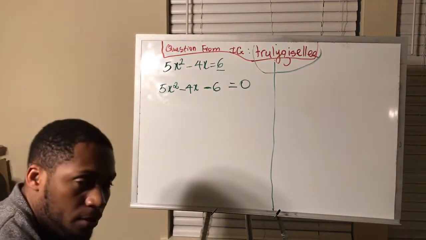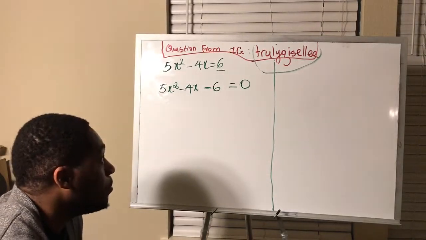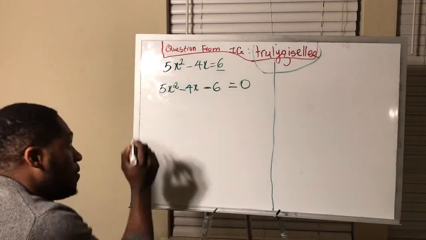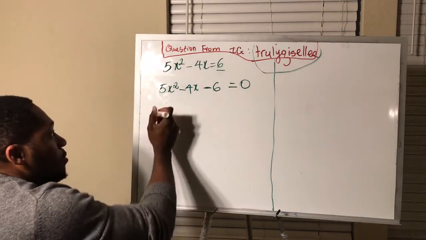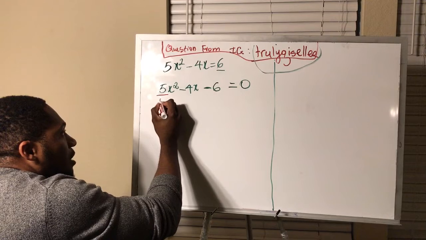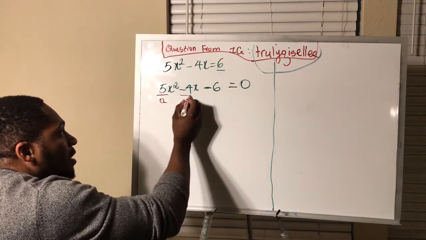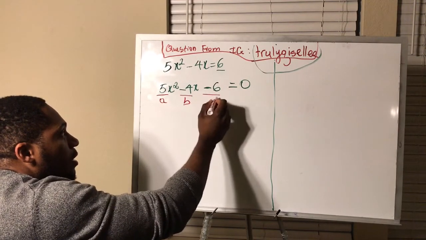Now here's one thing that's going to be really important. They have a name for each of those terms, and that's where the formula comes from. The term in front of x squared is called A. This is called B. And guess what?